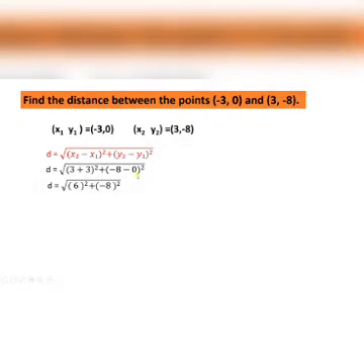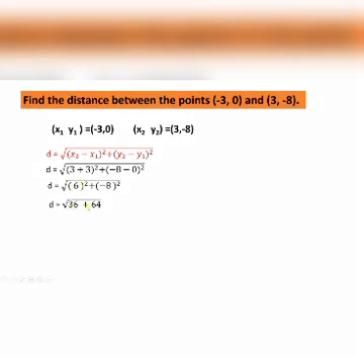So in the next step, d is equal to root of (3 plus 3) whole square plus (-8 minus 0) whole square. That is root of 6 whole square plus (-8) square.